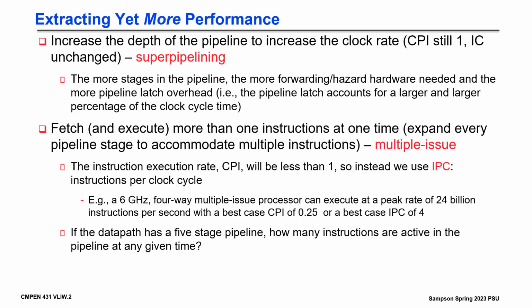If I have a 6 gigahertz 4-way multiple issue machine, I can fetch 4 instructions per cycle. My peak CPI goes down to 0.25, or again, when you go from M1 Abrams gallons per mile to your Prius miles per gallon, you can flip your units here and talk about instructions per cycle of 4.